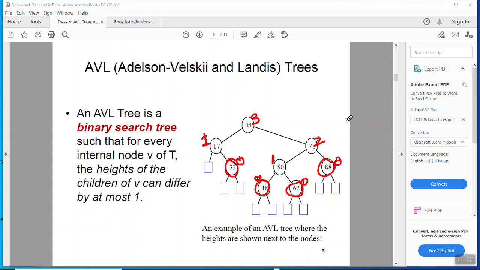But the concept in an AVL tree is that it is self-balanced. So how do we say this is self-balanced?